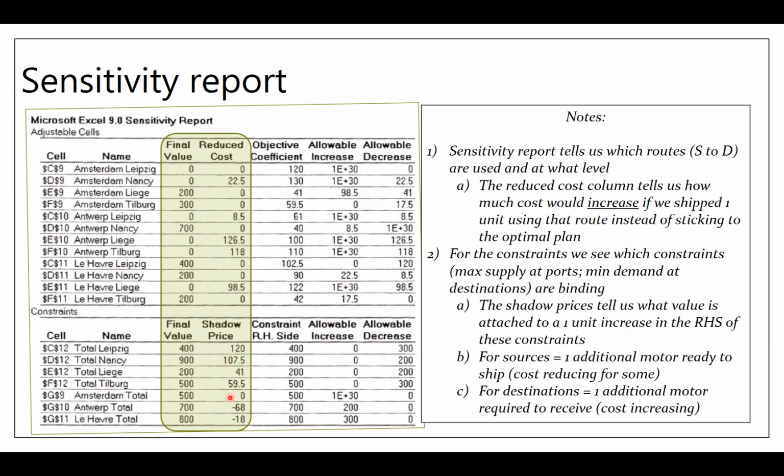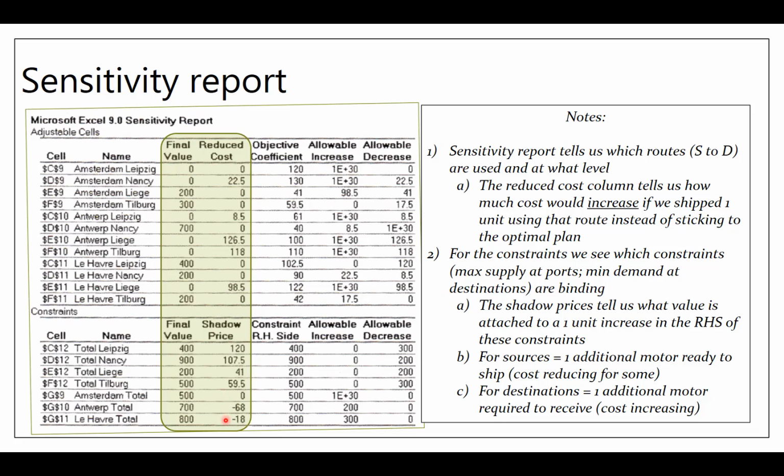So down here, if you were to rank these, if you had to pick a place for one more unit to be, you would pick Antwerp because it has the best cost reduction of all the sources. The second place would go to Le Havre because it has the second best cost reduction, and the last place picked for dodgeball is Amsterdam. You get this place that's last in its choices.